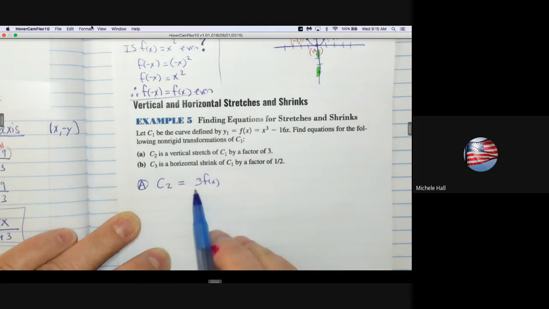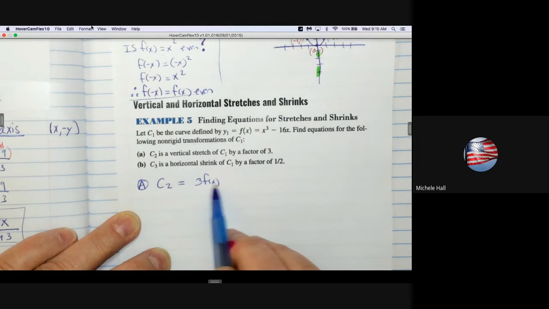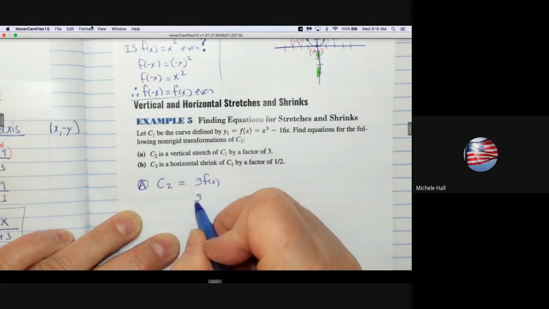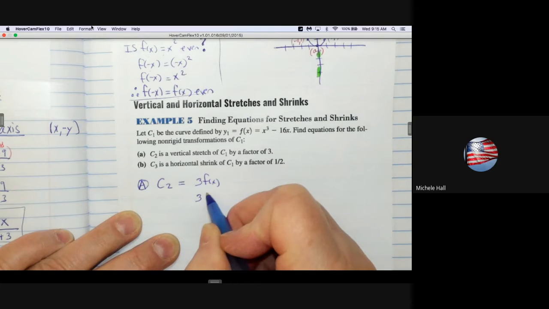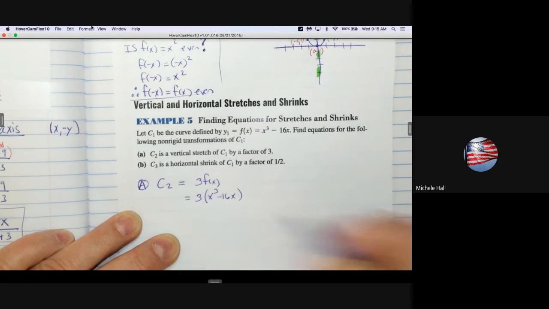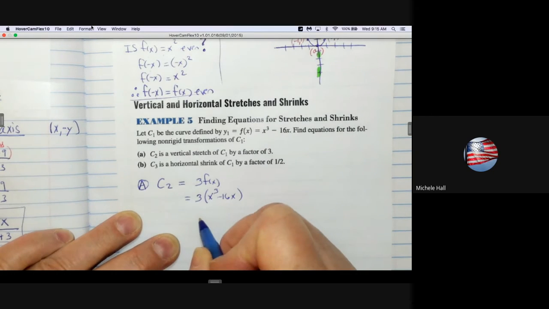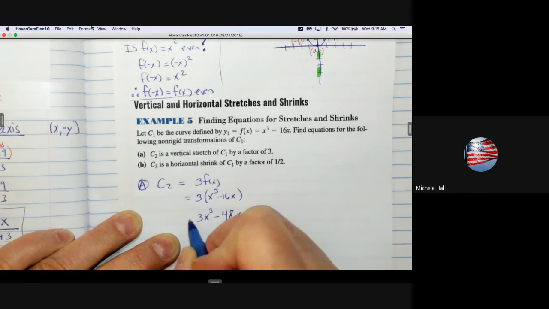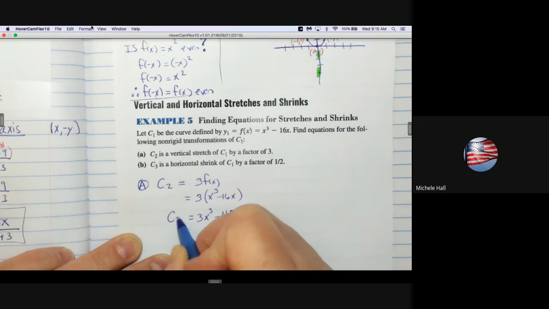We're multiplying 3 to the function. We're multiplying 3 to the y value. F of x means y. That means we have 3 times x cubed minus 16x. We get 3x cubed minus 48x. That would be C2.